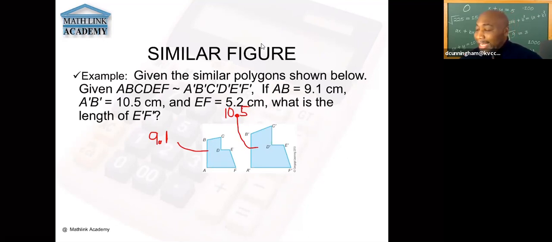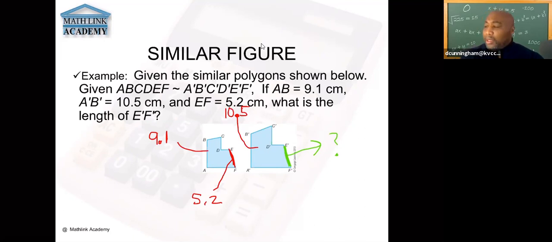And we know that EF is right here. I'm going to make the line. EF is 5.2. They're going to want us to find, let's change that color to a green, E prime F prime. So that's our unknown.